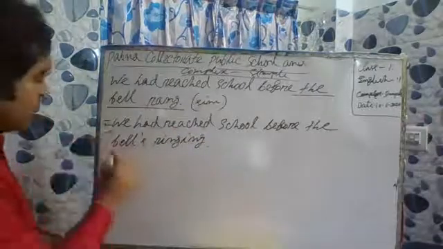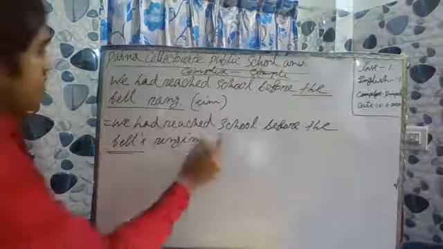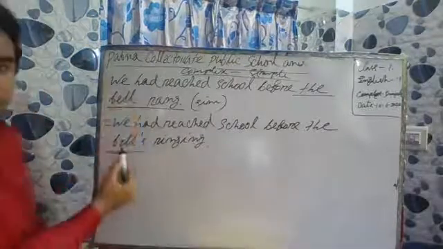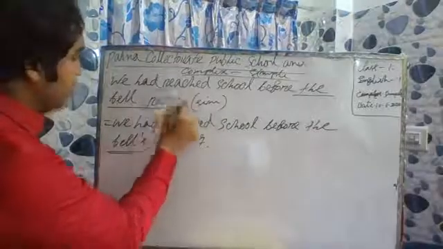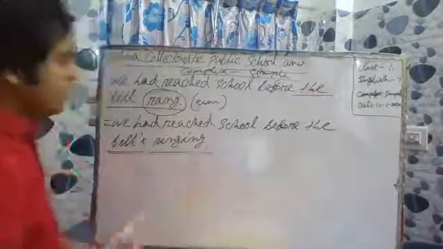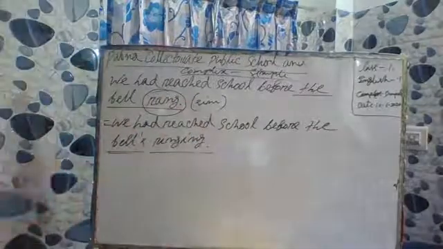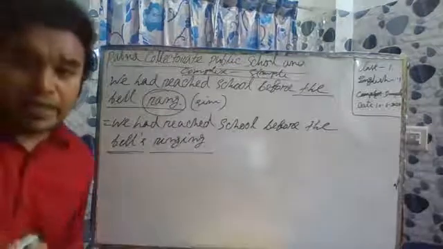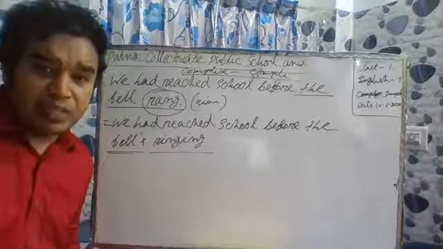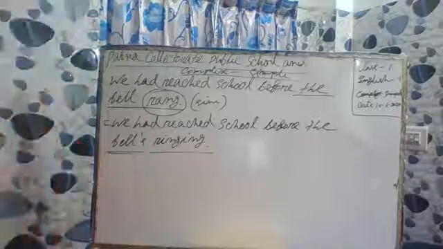You have to use a possessive, bell's. Here you can see only bell, here it is bell's. And make this word a gerund, ringing. We had reached school before the bell's ringing. Hope that you can see the board clearly. Please write down the answer.